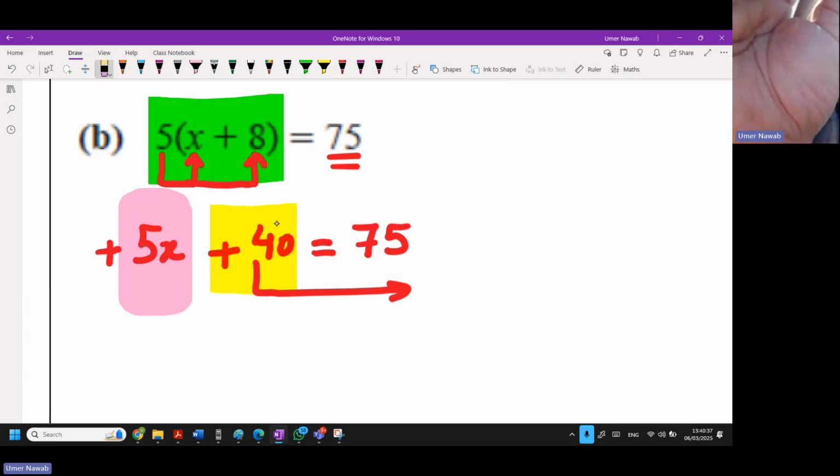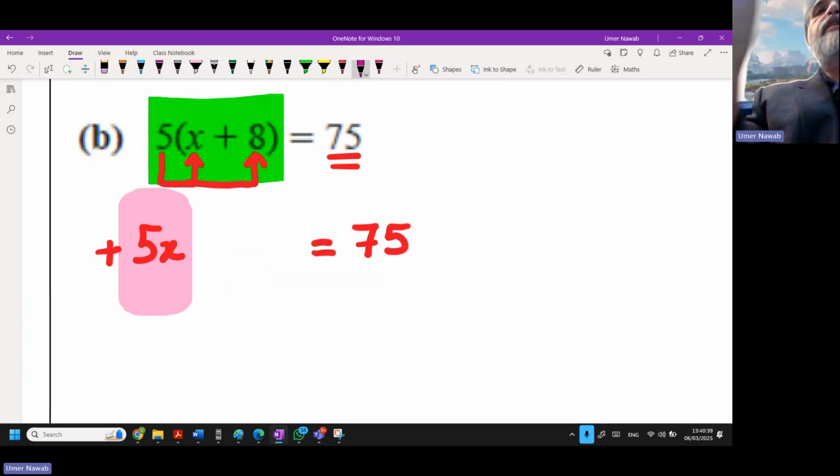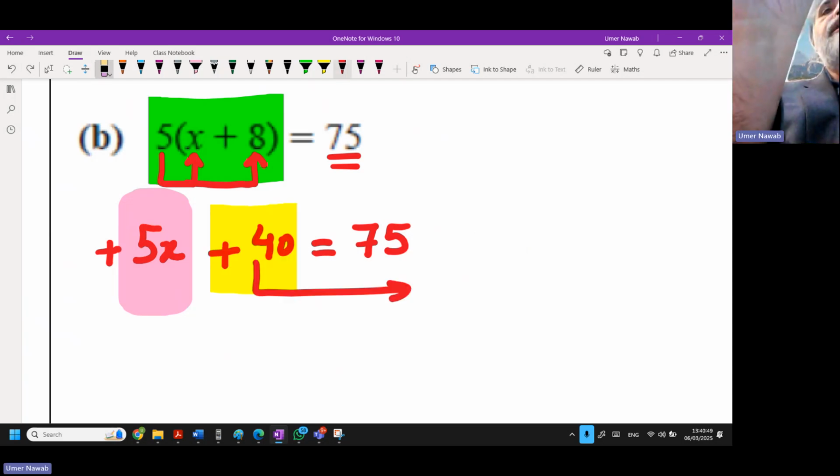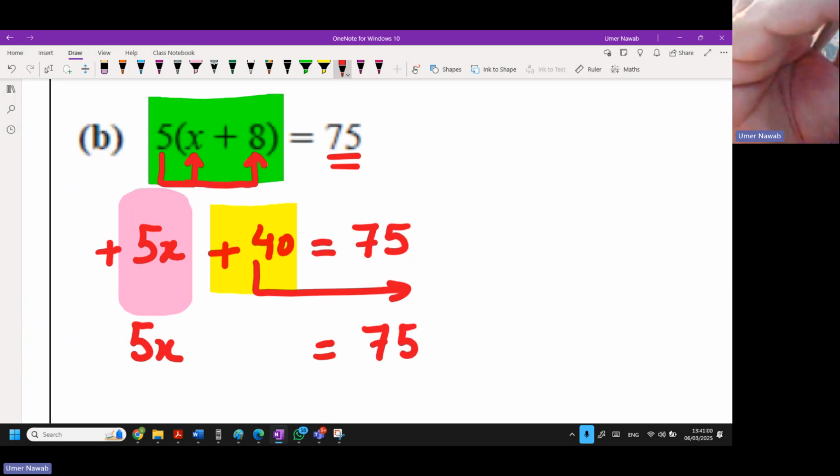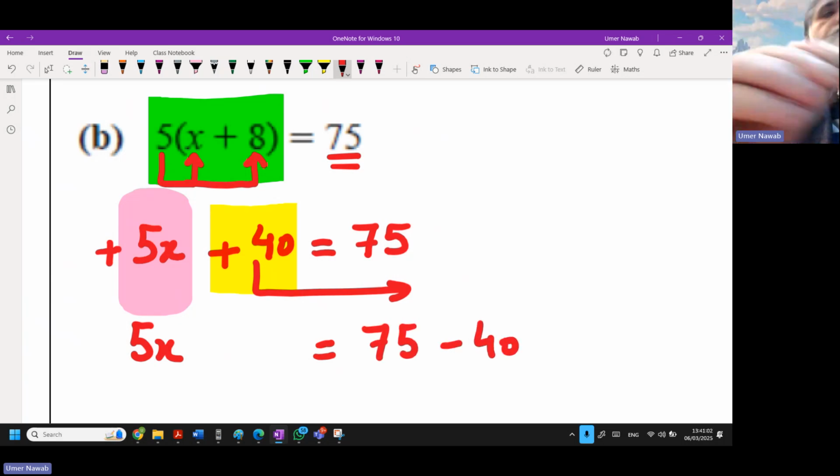So I'm going to erase the plus 40 and write negative 40 on the other side. So now let me solve. 5x is already there, equal to 75 minus 40. Now 75 minus 40 is 35.